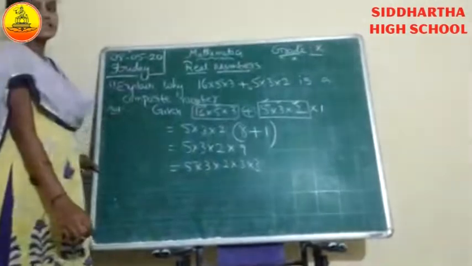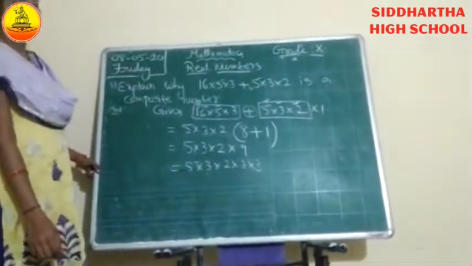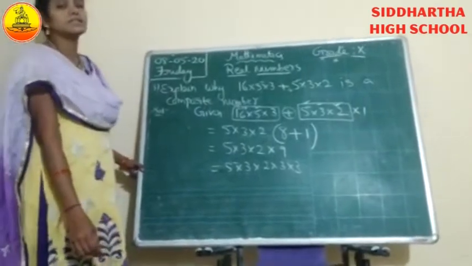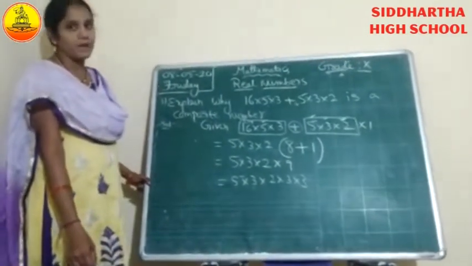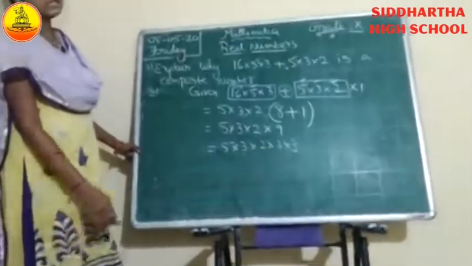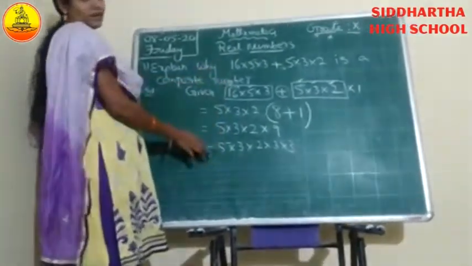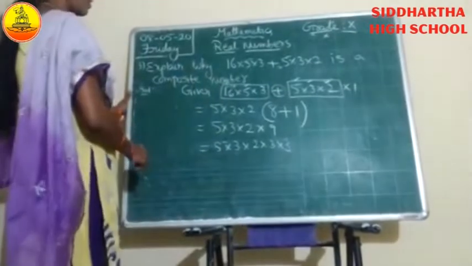What is the fundamental theorem of arithmetic? Every composite number is expressed as the product of primes. So here this number is expressed as the product of prime numbers. So it is a composite number. What do we have to write?